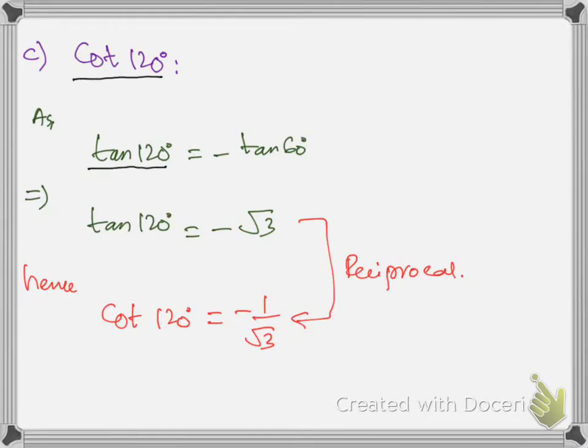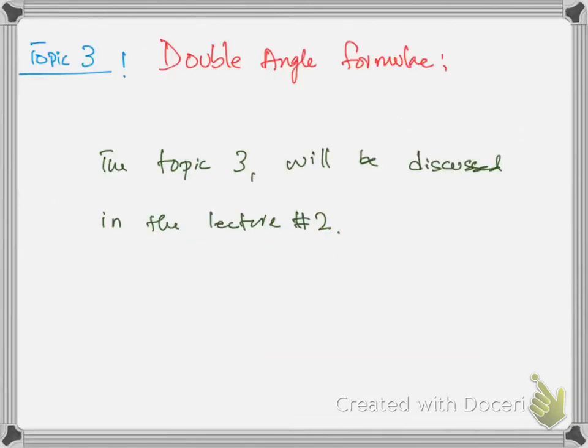So tan 120 must be negative tan 60, because in second quadrant tan is negative. Here is 60, this is 120. So this is the special angle, so the value of tan 60 is root 3. Therefore cot 120 would be the reciprocal of negative root 3, which is minus 1 upon root 3.